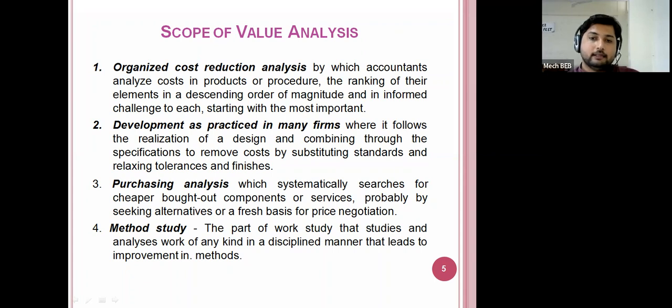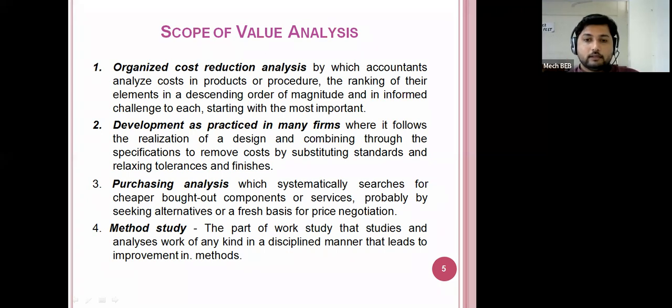Then purchasing analysis. Purchasing analysis systematically searches for cheaper bought-out components or services, probably by seeking alternatives or a fresh basis for price negotiation. During the purchase, a lot of capital investment needs to be made, and sometimes we need to purchase semi-finished items, or spare parts required for assembling the products.